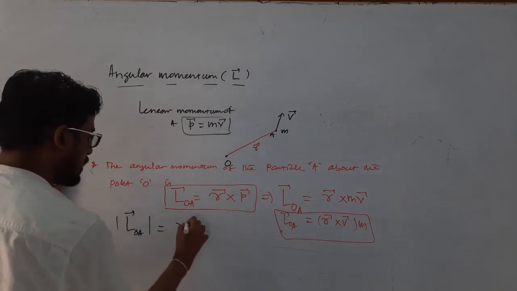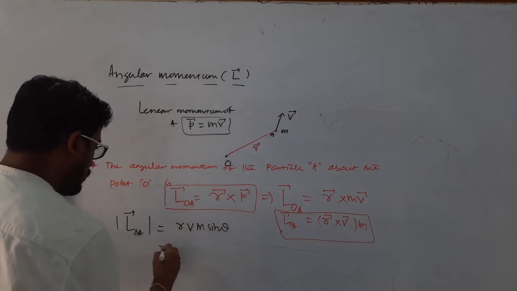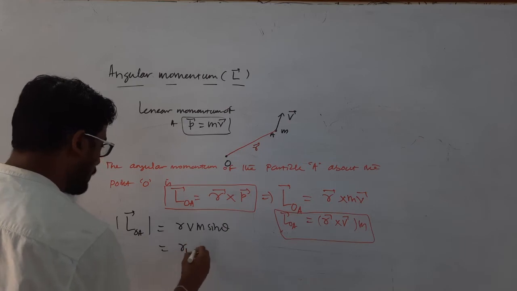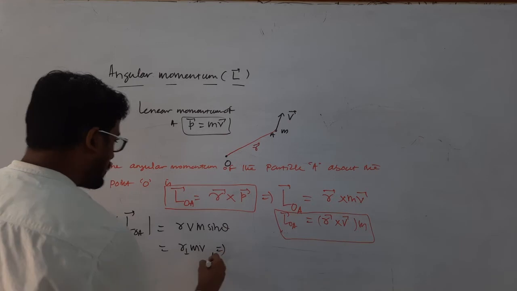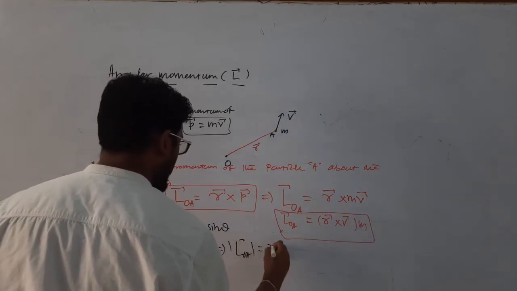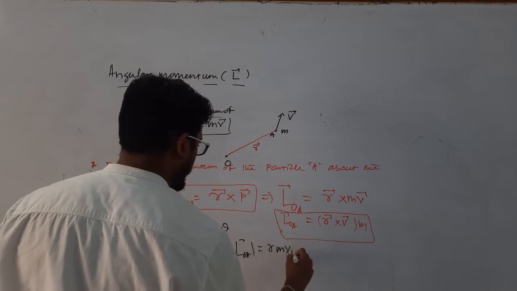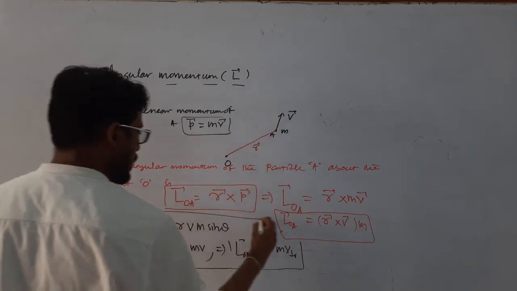Or this can also be simply written as the magnitude of L_O is r v m sin theta, or this can also be the perpendicular distance r perpendicular times mv, or you can write the magnitude of L_O as r m v perpendicular. Clear? So you have to remember this formula.